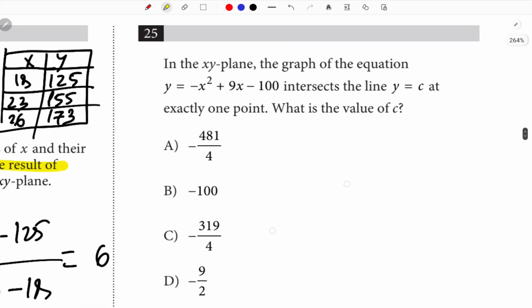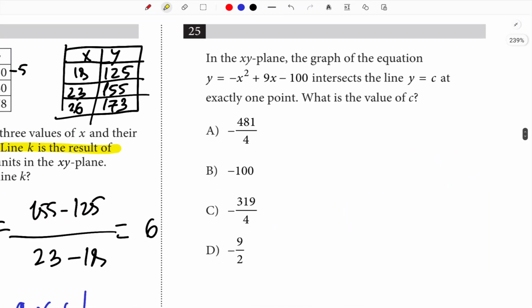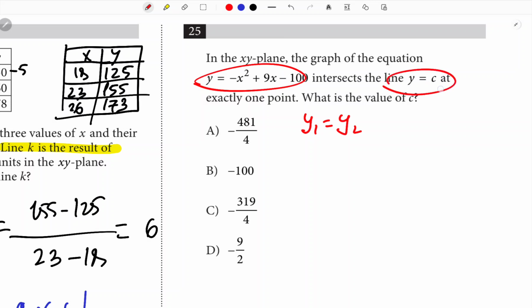Okay, question 25. In the xy plane, the graph of the equation like this intersects the line y is equal to c at exactly 1 point. What's the value of c? If you want to find this question's answer, you must equalize y1 is equal to y2, this one and this one, because they intersect.